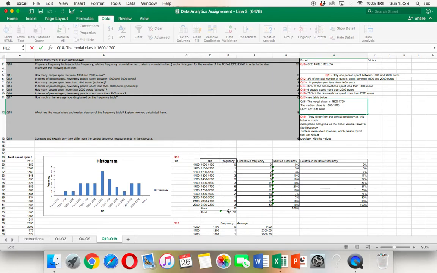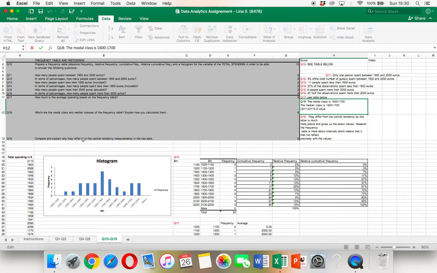So we can look for the 15.5th value, and it gives us the fact that it is here. We have it in here. It means that it belongs to this interval.